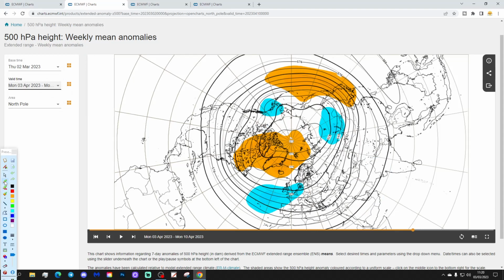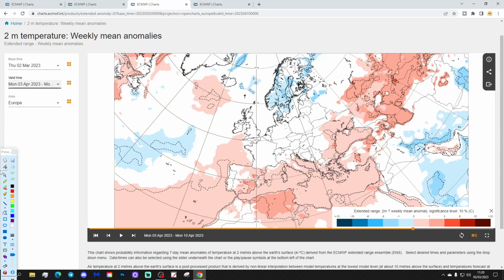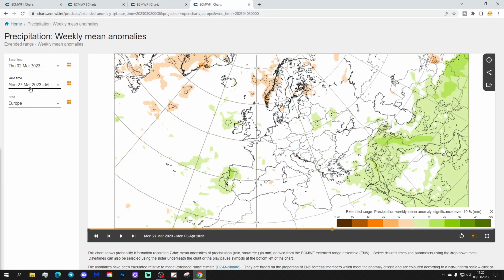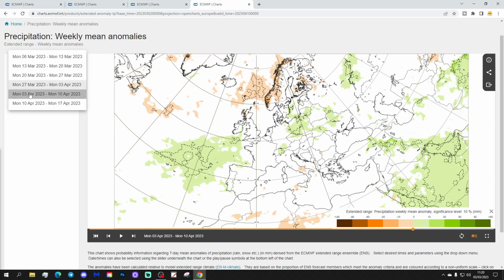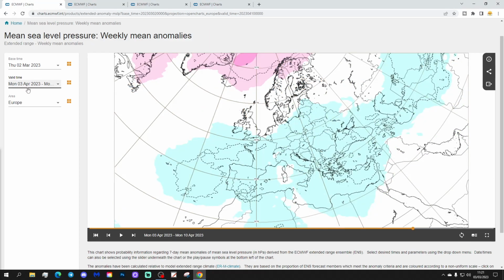The 500 millibar heights look like that, with blocking expanding within high latitudes, which could get the wind into a cold east or northeasterly direction. Temperature anomalies are near average or have no signal, cold again up over Scandinavia. And week 5 precipitation again looks drier than average to our north, where we've got all the high pressure, and wetter than average to our southwest, where we've got all of the low pressure.